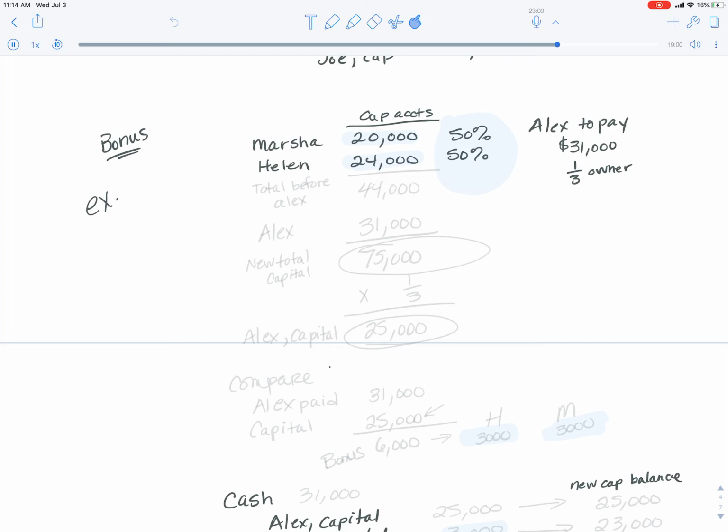So what we do is capital is now going to be different. So we have to figure out what is the new capital. Capital before was $44,000. So total before Alex was $44,000. So now we're getting this new cash from Alex.